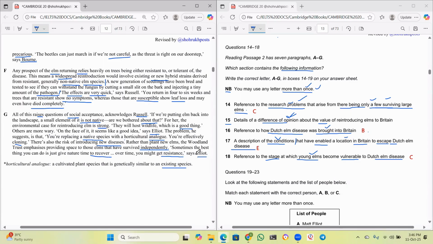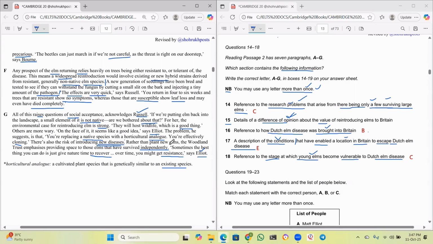Okay. Now here we heard two voices, right? One is Russell, and one is Eliot. So Russell says that if we are putting them back into the landscape, a small element of it is not native. Are we bothered about that? Now Eliot says it seems like a good idea, but when we replace a native species, there is a risk of new diseases as well.